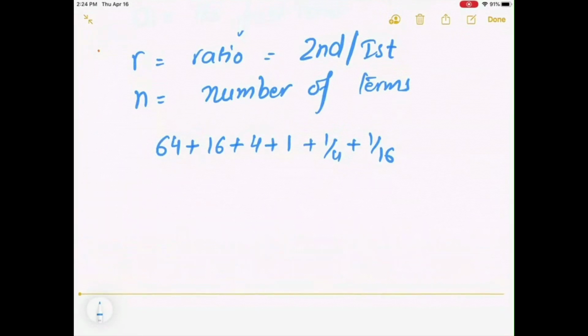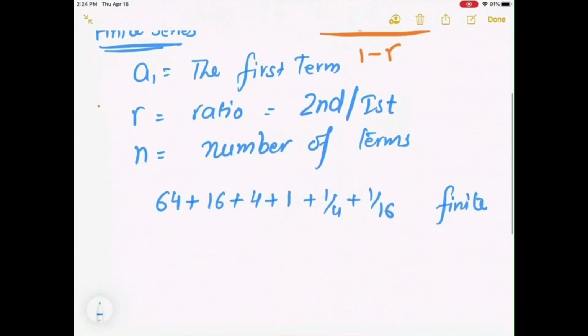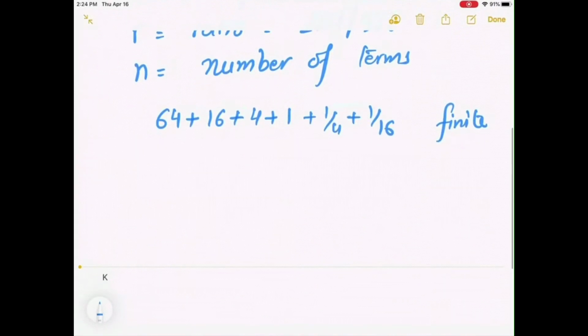It stops at the last term, so we know it's a finite series. Let me go back to my title. So I would say geometric series and finding the sum of a finite series. Because for infinite, it's a different equation. All right. Anyways, so this is my series here.